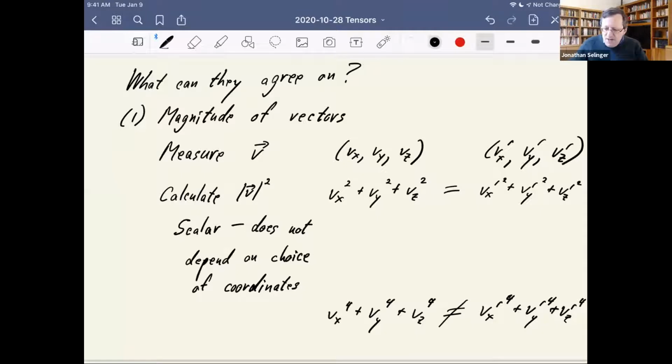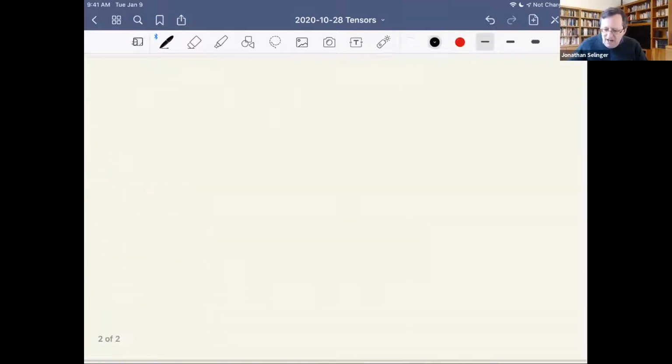Okay, so that's one thing they can agree on. What else can they agree on? Another thing is dot products. Suppose they measure two vectors. They measure velocity, that's one of them.